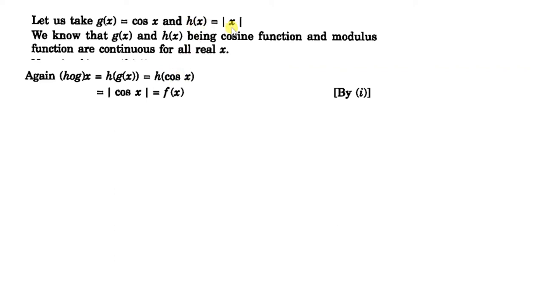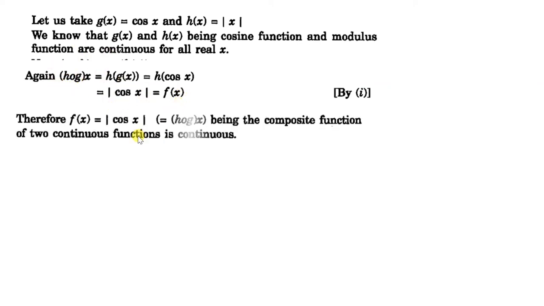And since h(x) is equal to mod x, h of cos x is equal to mod cos x. And this is what we are given, that is f(x). So we have represented f(x) as a composition of two functions h and g, and both of them are continuous functions, so we can say that their composition is also a continuous function.